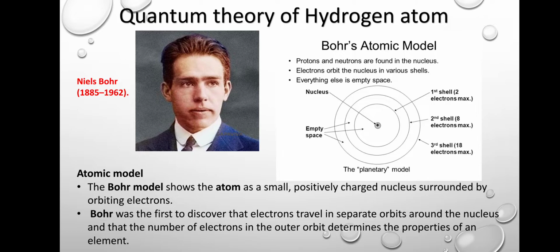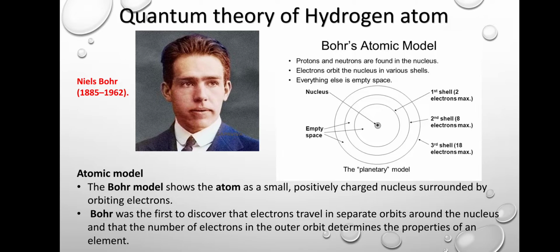So there's an atom here. He proposed a model called Bohr's atomic model. He showed how an atom looks like, what is there in the atoms, why they are deflected at a larger angle. Because of the alpha scattering, it led to the quantum theory of hydrogen.